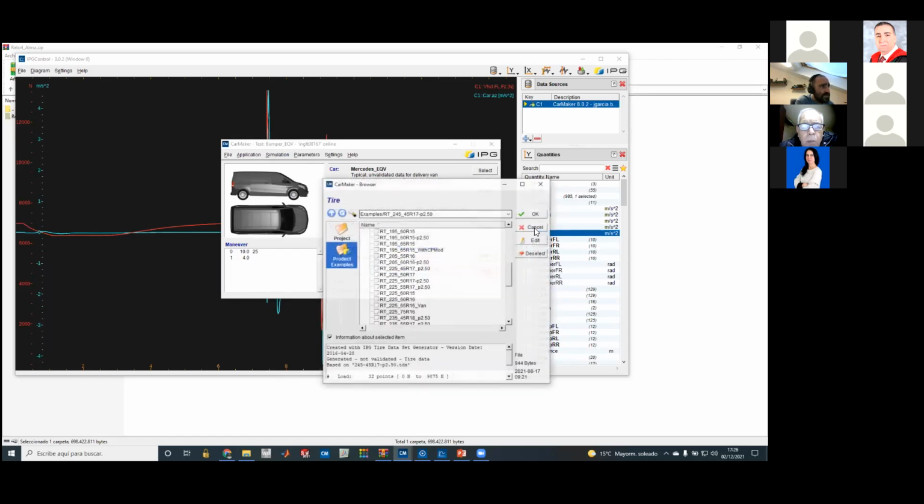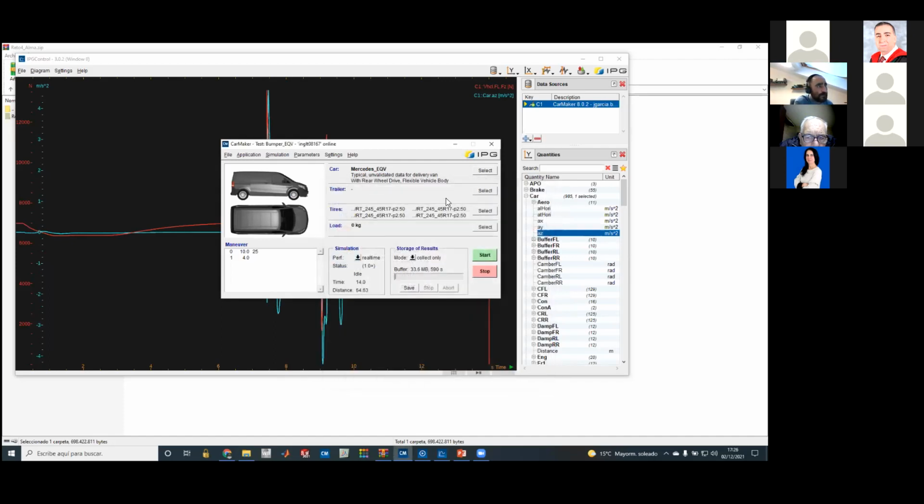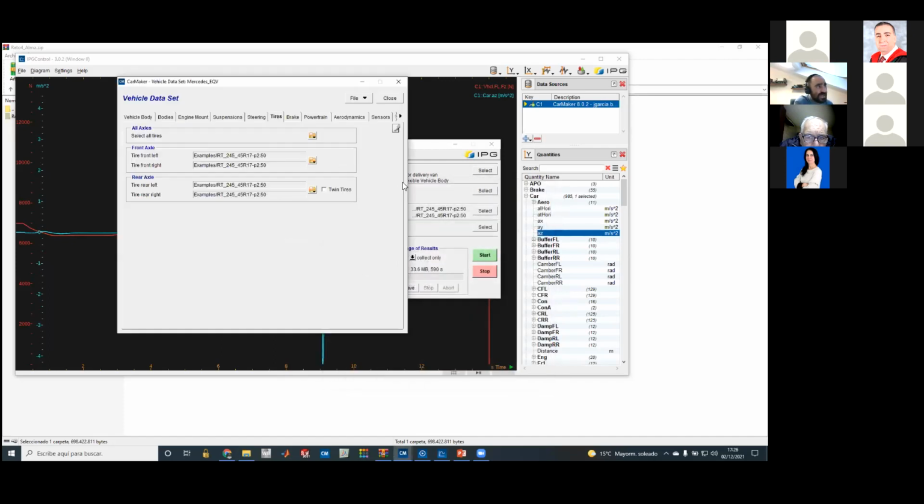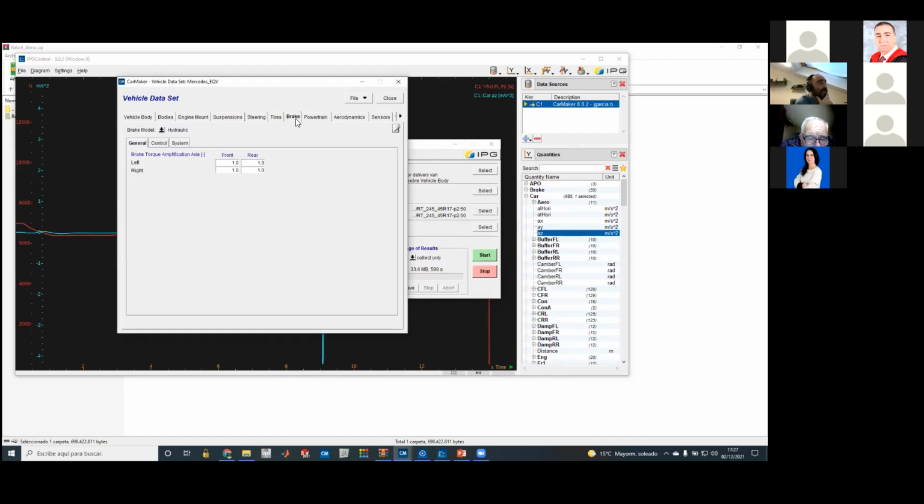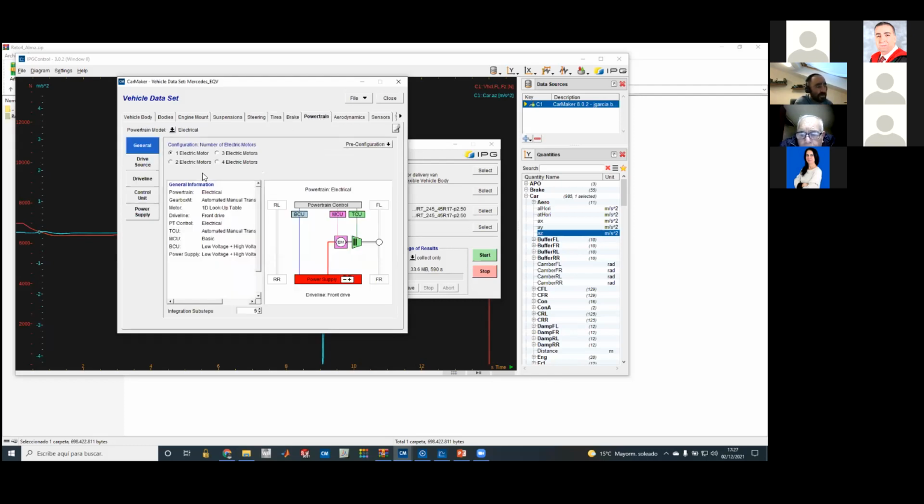If I select these tires, as you can see, these tires will give me the vertical force the tire can hold and the slip angle the tire can work. So this information of the tires is exactly the information I can have here, and the brake distribution and the powertrain.